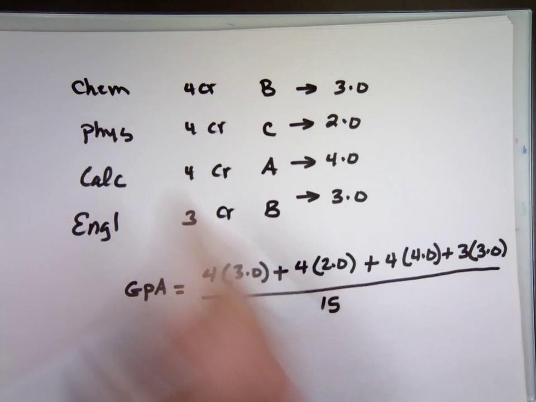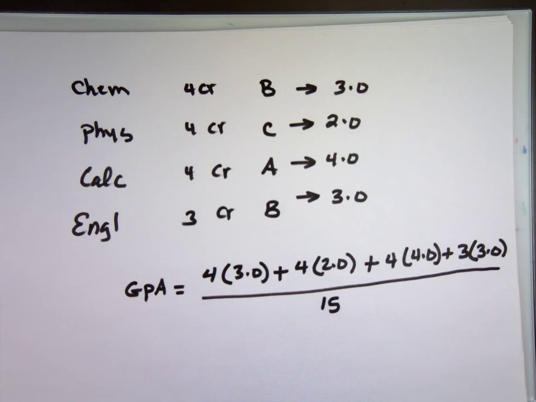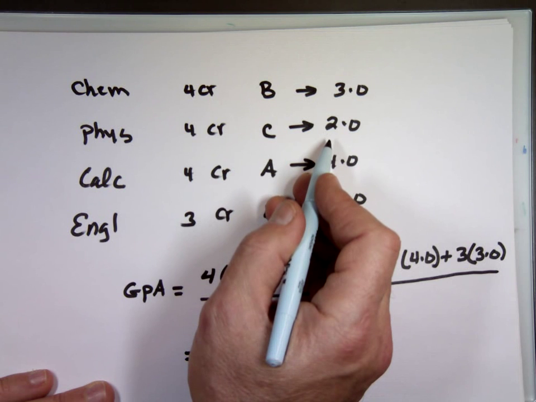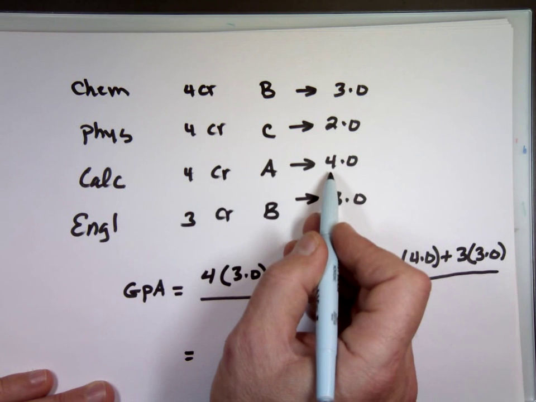So let's see what your GPA is for this semester. Divide that by 15, your GPA happens to be 3.0 on the money. Oh, 4 times 3, yep, 12, plus 8, plus 16, plus 9, yep, 3.000.